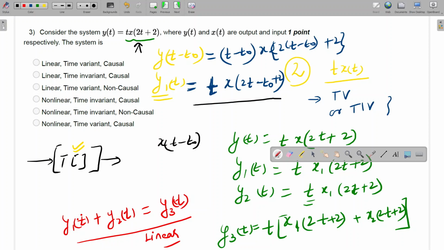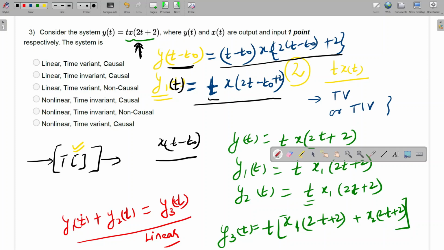Is it clear? So first, simply at every t we'll put t minus t naught. So this will be one term, y of t minus t naught. Another is y1 of t. What is y1 of t? First we are shifting the x, then we are applying the same transformation. Here the x is multiplied by t, so I'm multiplying t here.